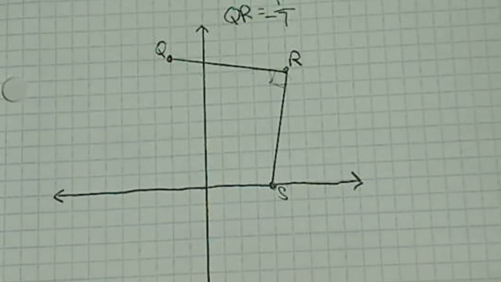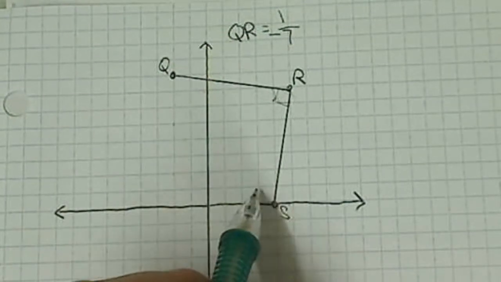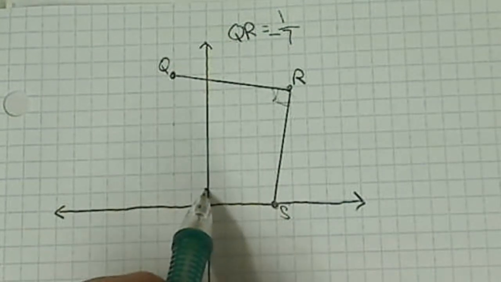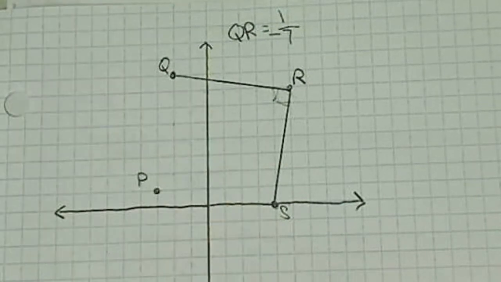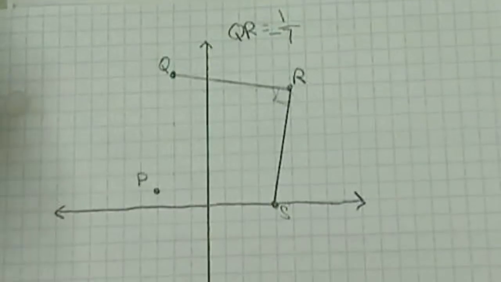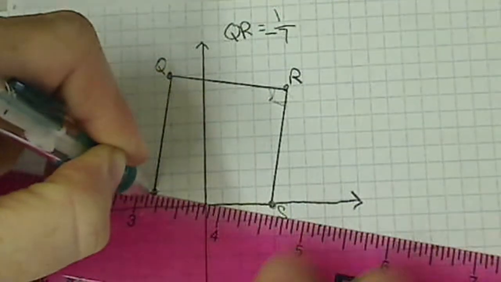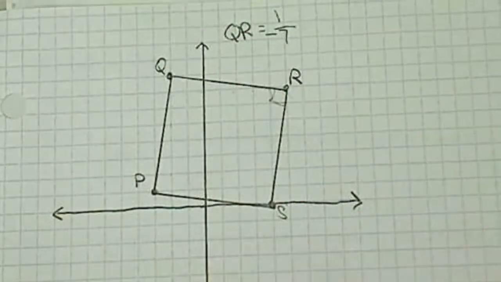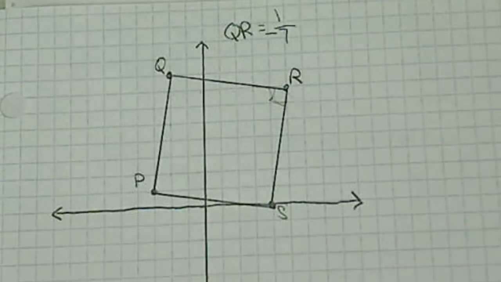Okay, so if I use that, I should be able to find point P from S. 1, 2, 3, 4, 5, 6, 7. Point P. What is the coordinate of point P? Yep, negative 3, 1. So let's go ahead and write that down.